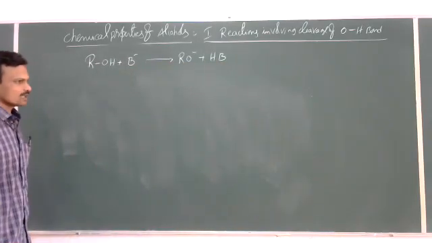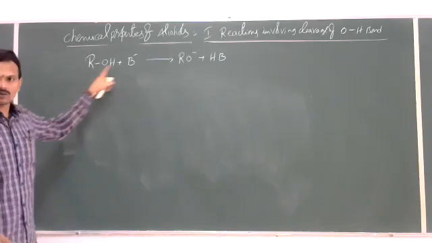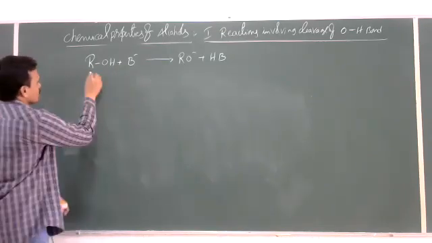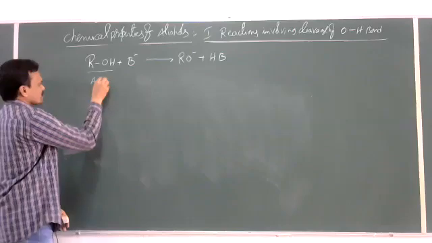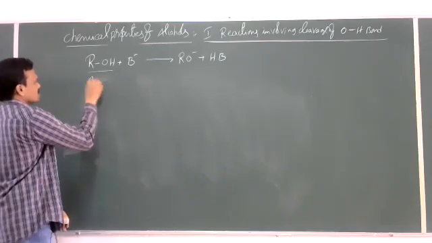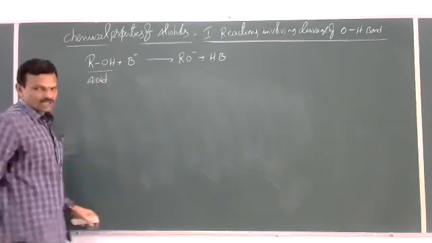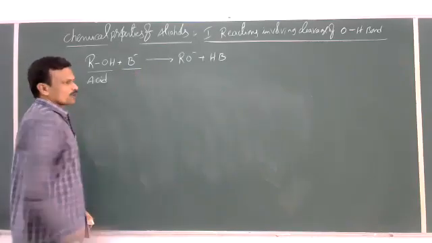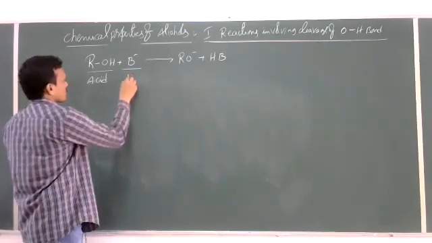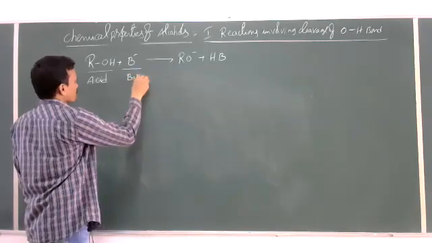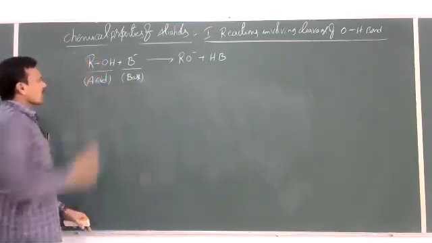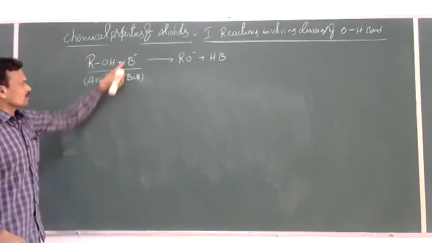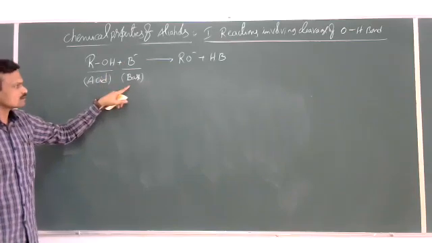Now in this reaction, what is the role of alcohol and what is the role of B minus? Here alcohol acts as an acid, nothing but a Bronsted acid, a proton donor, and B minus is a proton acceptor, a Bronsted base. Alcohol is acid and B minus is base.